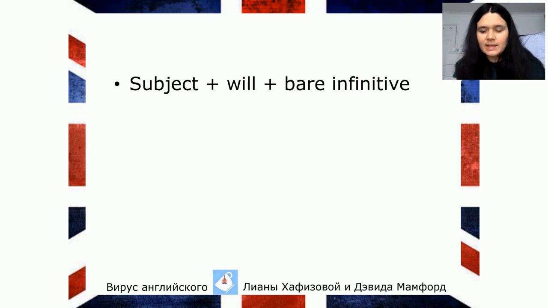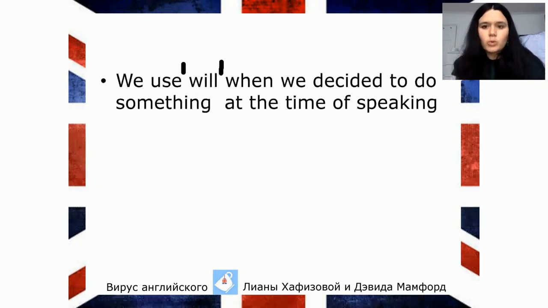Great. As we've just discussed, you need to use future simple when you've just decided in the moment of speaking. It's only one of the examples. For example, we use will when we decided to do something at the time of speaking.